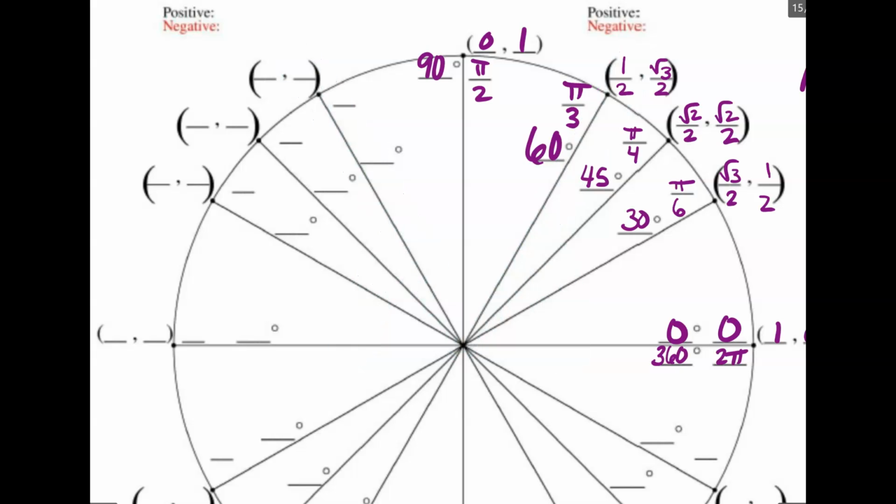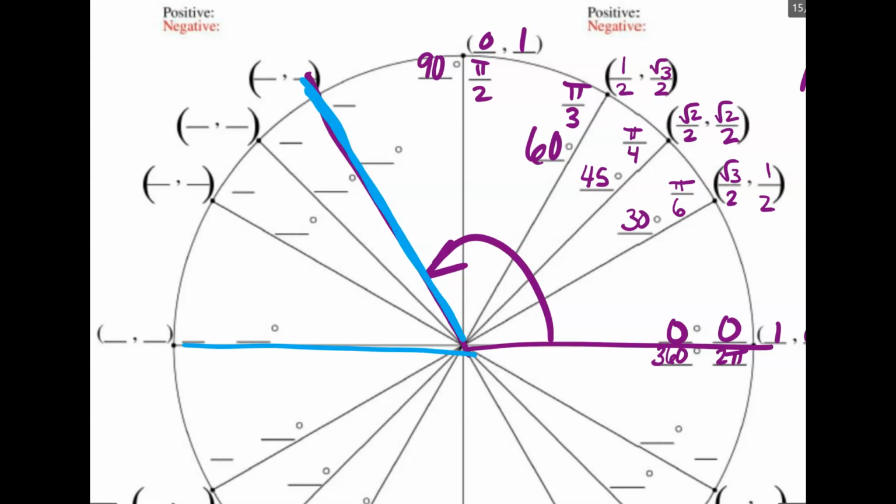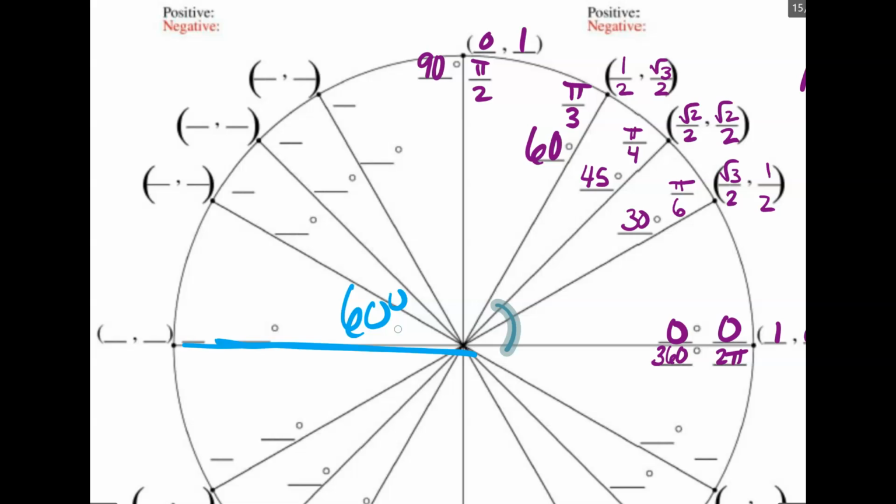If I trace out 120 degrees, what I'm looking for, the reference angle, is between the x-axis and the terminal ray. This is a 60-degree reference angle, and this one is a 60-degree reference angle, so they're going to have the same x, y coordinates, except different signs, positive, negative.